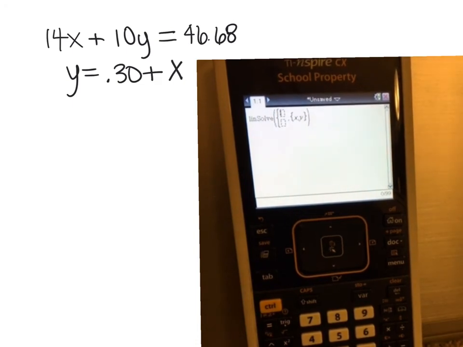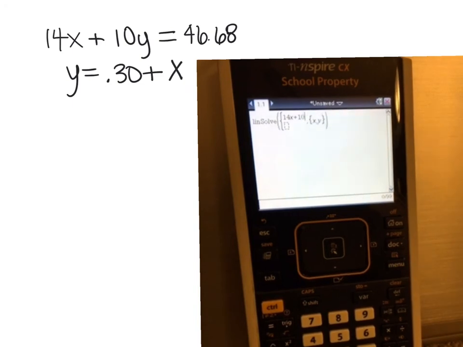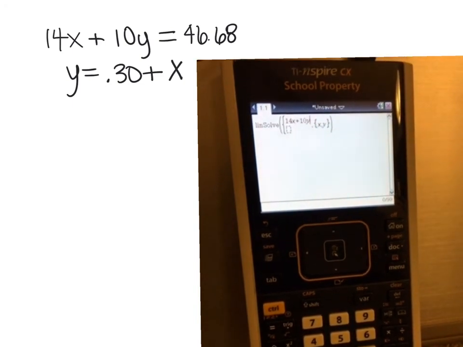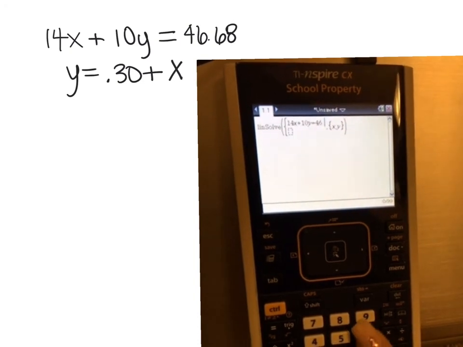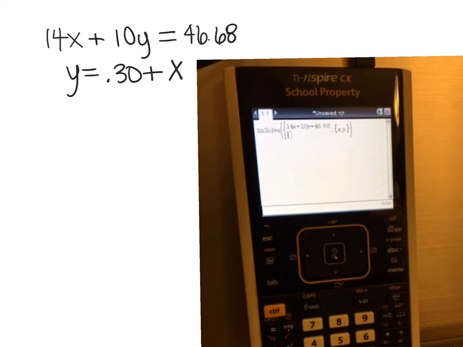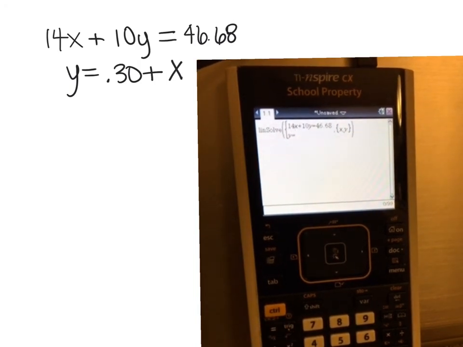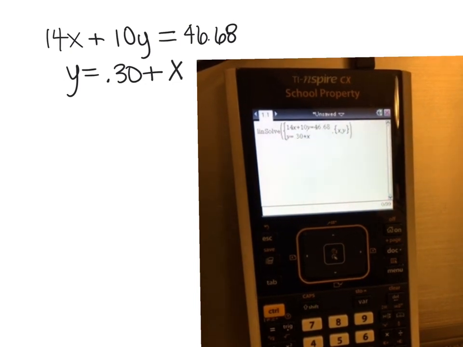In the first box, you're going to put in your first equation, 14x plus 10y equals 46.68. In your second box, go ahead and put in your second equation, y equals 0.30 plus x, and press enter.